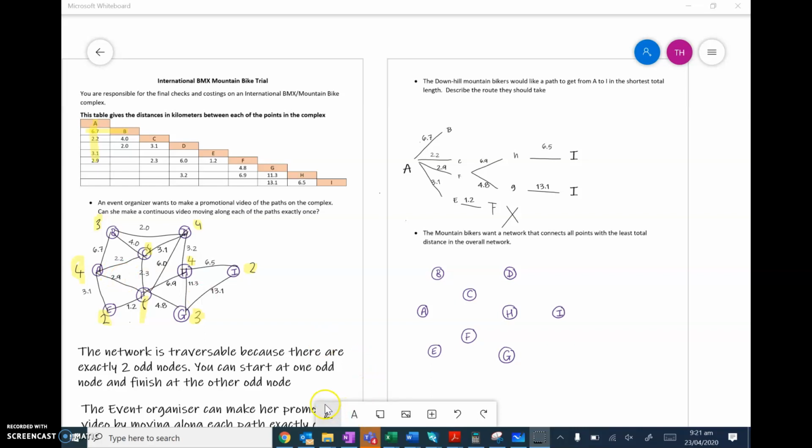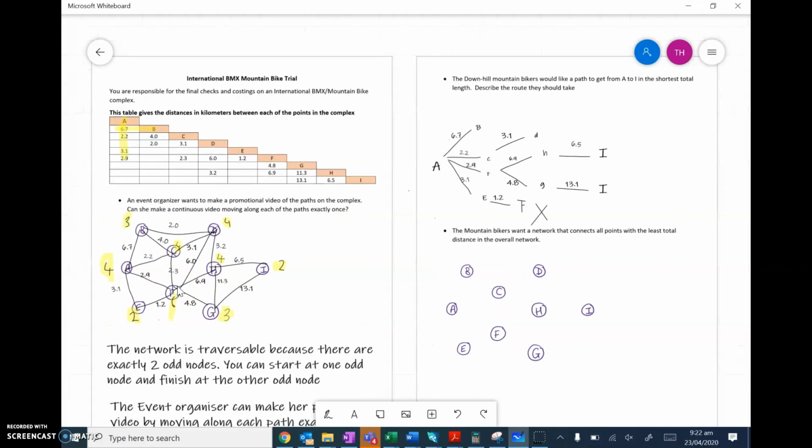So I'm just going to go to D. From D again, it doesn't make sense to go back to F, then to get to H, I can just go straight to H. So my next one will be H. D to H is 3.2, and then finally from H I can go straight to I, so it's 6.5.